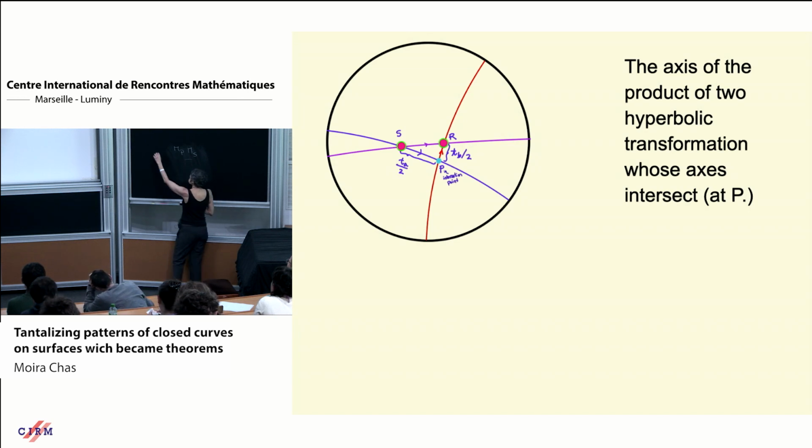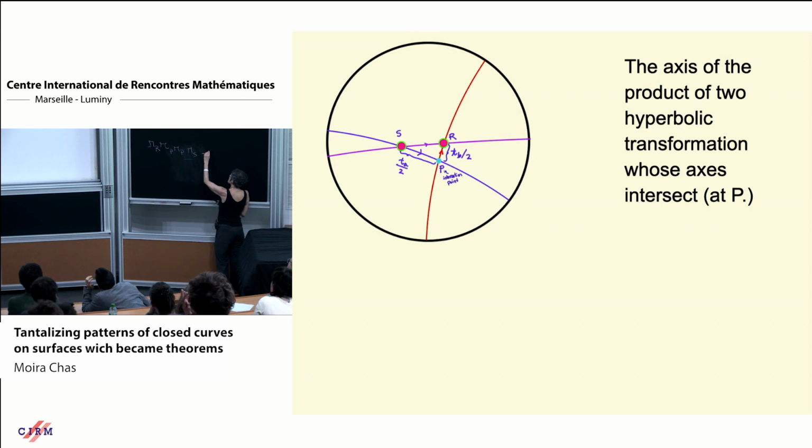And the transformation with the red axis, B, is R_P, R. So again, this is rotation 180. So this is R_P, R_R, R_S, which is hyperbolic, and the axis is exactly the line passing through S and R.